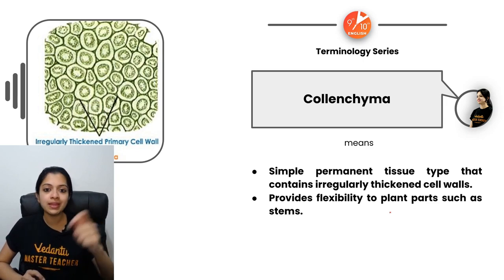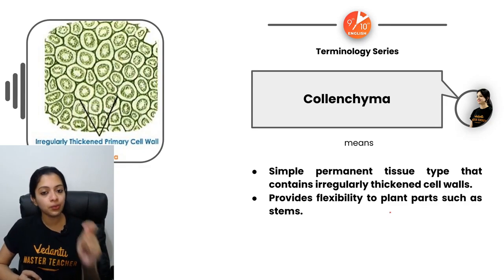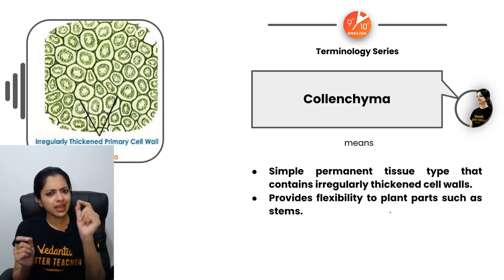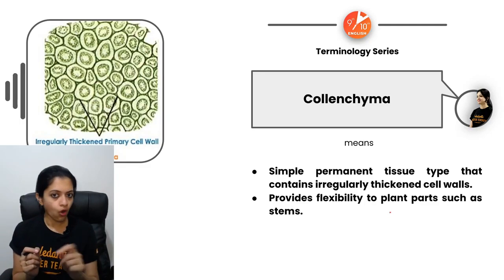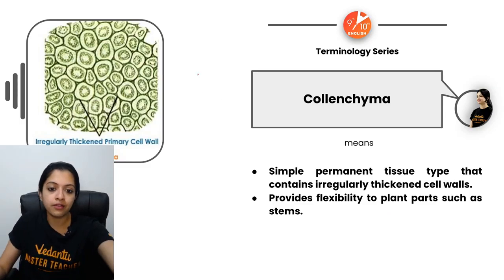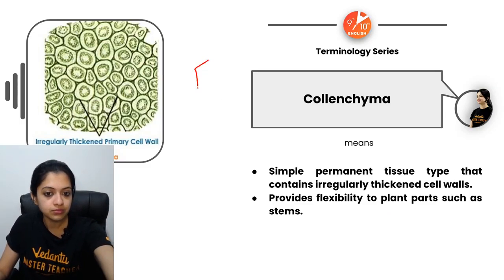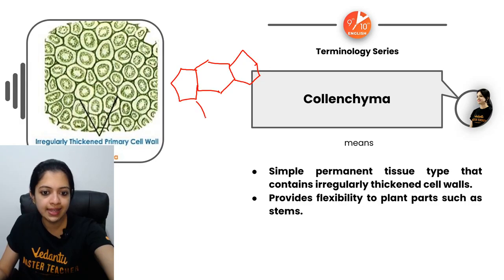But the difference between this and parenchyma would be that in Collenchyma, there would be irregular thickenings on the cell walls. So, for example, if this is a cell, this is its neighboring cell, this is its neighboring cell, and so on. There are many different kinds of cells like these.